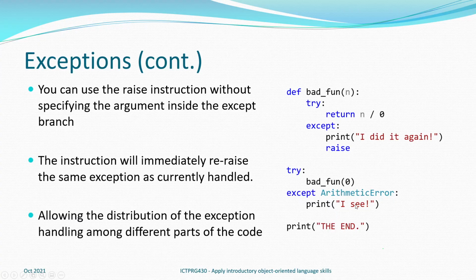And what this will do is, depending on what occurs when we call the function, it'll tell us an error message and then re-raise the exact error again as part of the return.